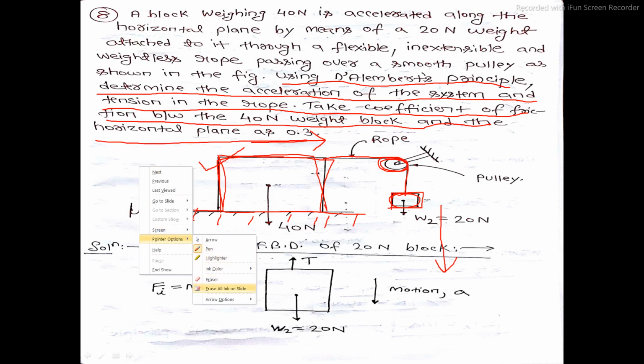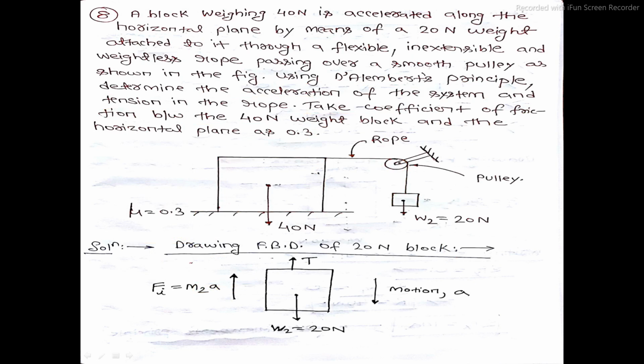That means you need to find the value of the horizontal acceleration for this block. Let the horizontal acceleration of this block be A. As well as you need to find the tension exerted by this string or rope. Let the tension exerted by this rope be T. So A and T you need to find out.